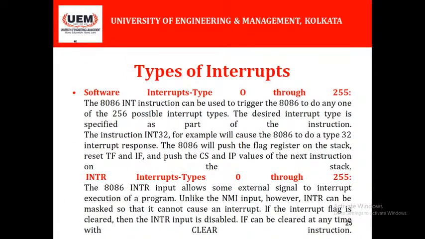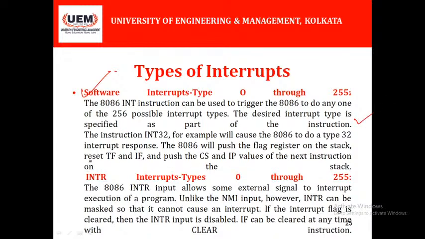Next is the software interrupt. Software interrupts run from 0 to 255. So what is a software interrupt? The 8086 INT instruction can be used to trigger the 8086 to do any one of the 256 possible interrupt types. We have observed in the interrupt vector table these interrupt types from 0 to 255. The desired interrupt type is specified as a part of the instruction.